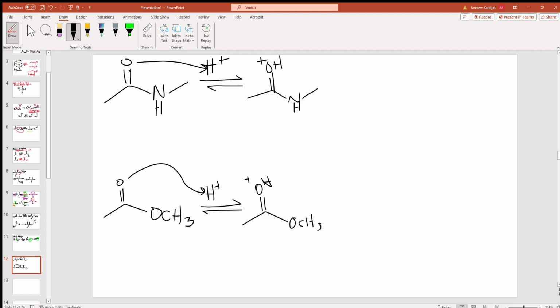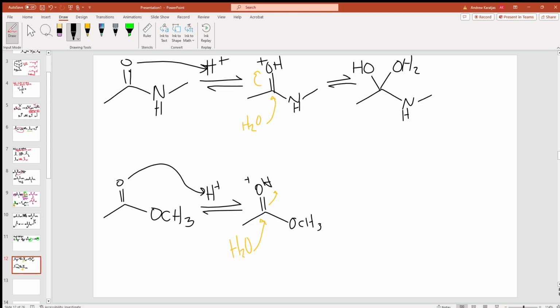From here, our nucleophile is water, and that can add in to this activated carbonyl. And again, that step works exactly the same in both mechanisms.